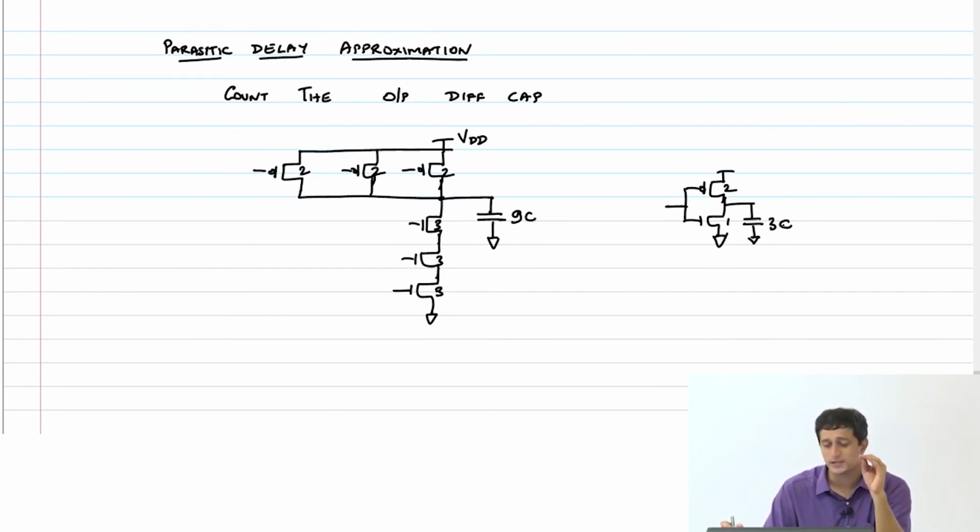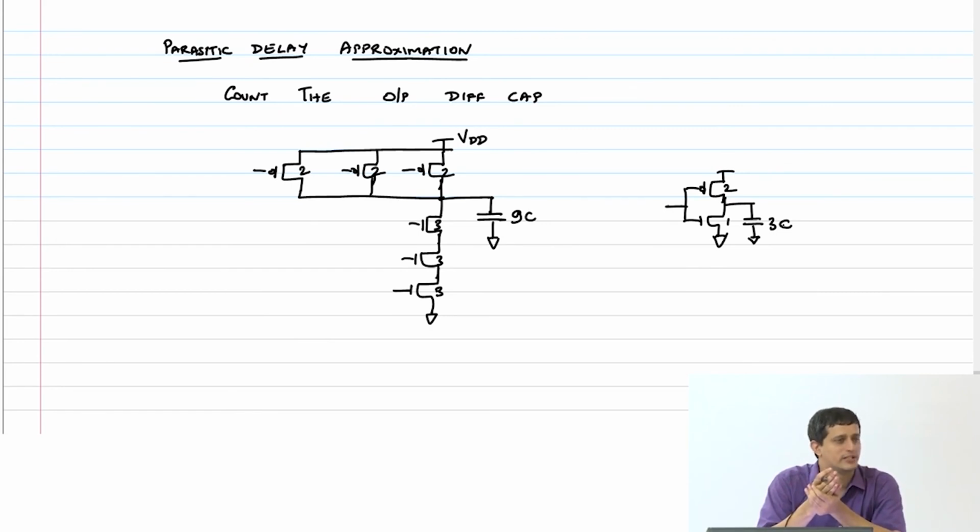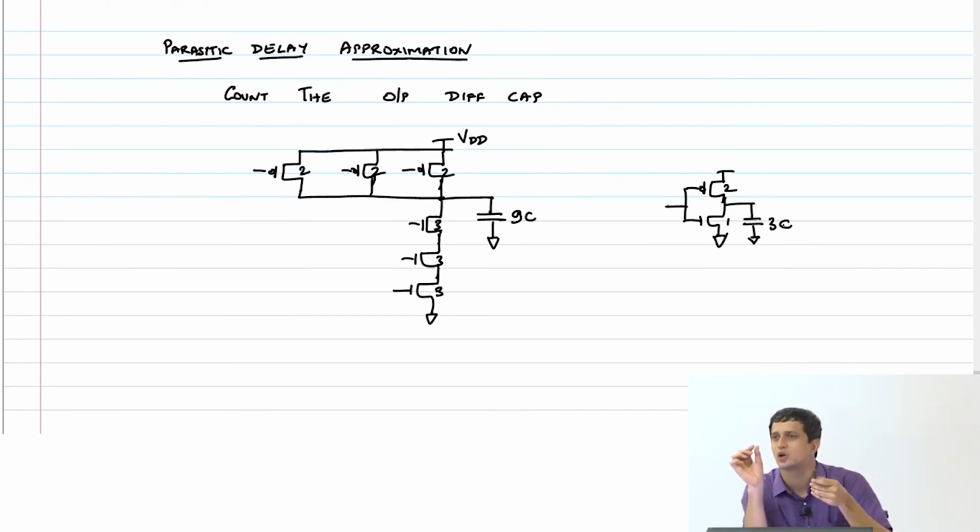Okay, what I am saying is, instead of that 7 RC, I am just saying make it 6 RC. It doesn't matter whether it's 7 or 6, because when I upsize the gate, that number doesn't change. In some sense, when I do gate optimization later, you will find that this parasitic delay is just a constant addition and it does not alter any of my gate sizing algorithms.